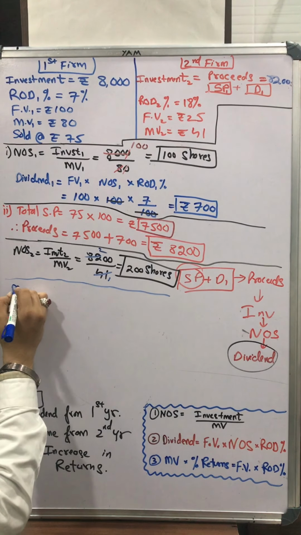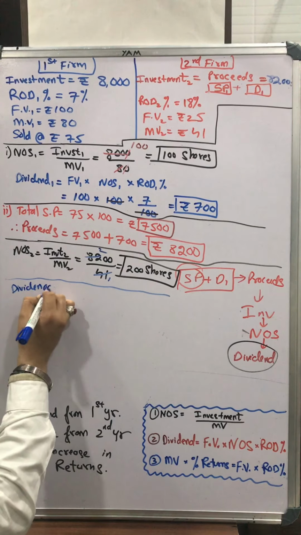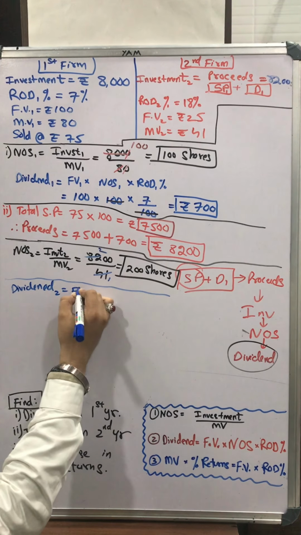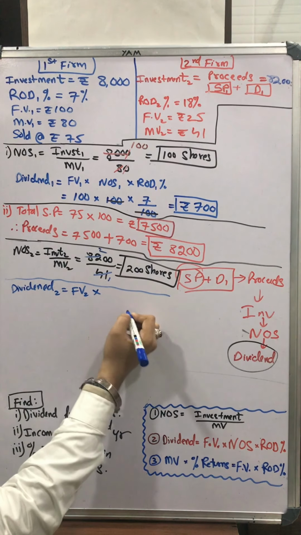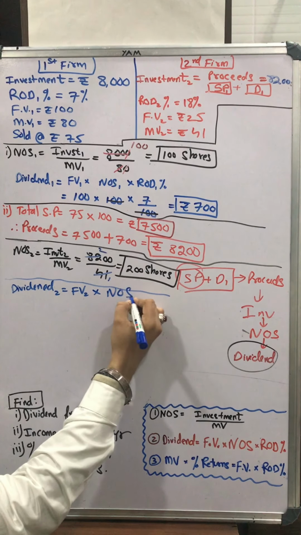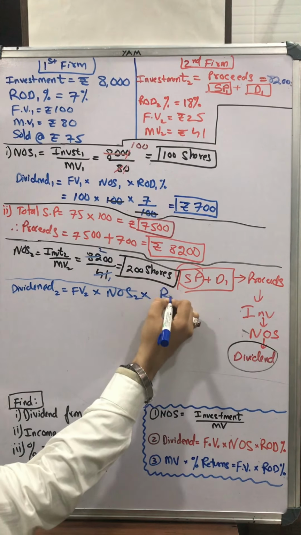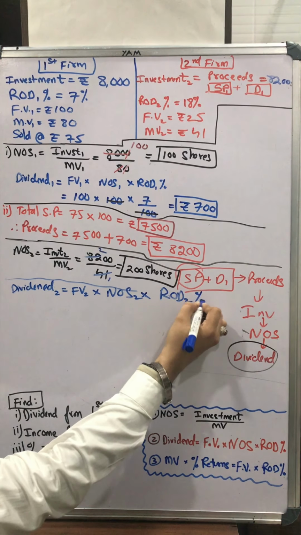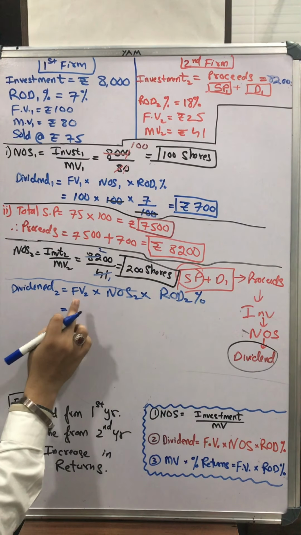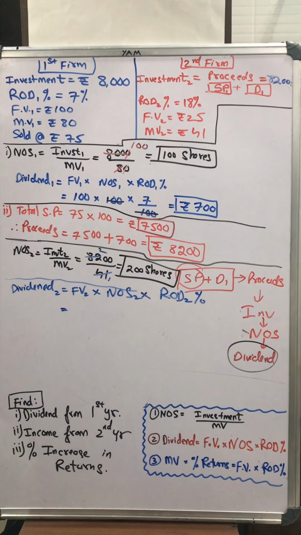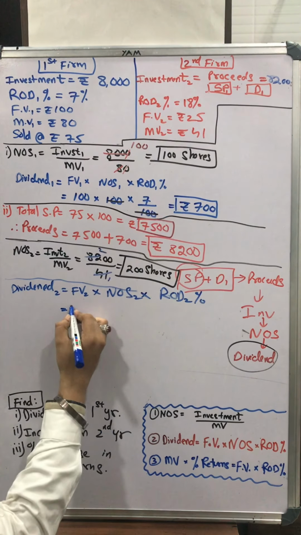So now the dividend of the second firm. The formula is face value of the second firm multiplied by number of shares of the second firm, multiplied by rate of dividend of the second firm. So what is the face value? Face value of the second firm is given as 25.